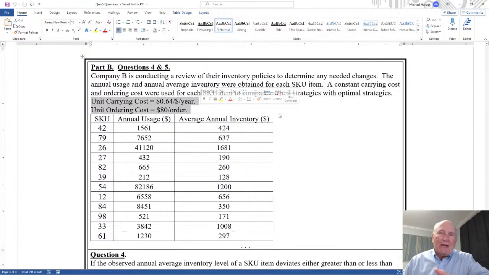Now, in practice, usually the carrying cost and ordering cost are not necessarily the same for every SKU in your inventory, but to keep it simple, we'll keep it this way. And you can see when I start deriving this and developing this, it doesn't have to be the same. It could be any ordering cost and carrying cost. Each one can have their own. But let's get into this. So let's work this.